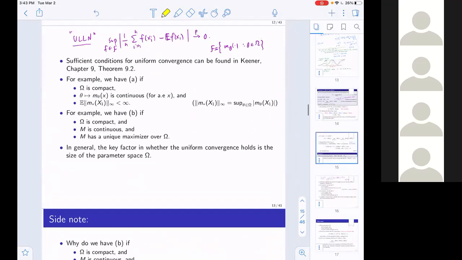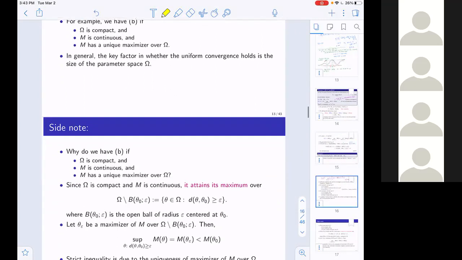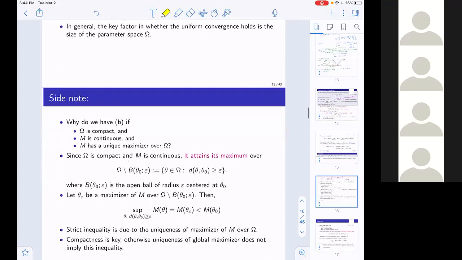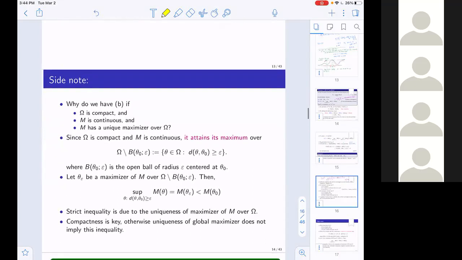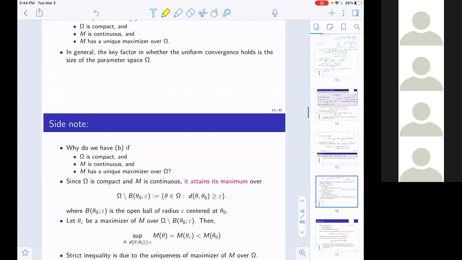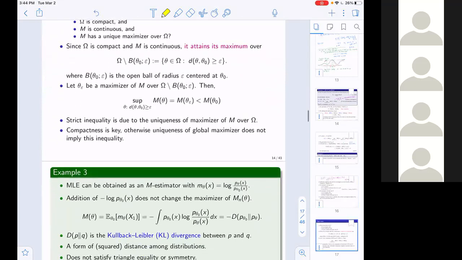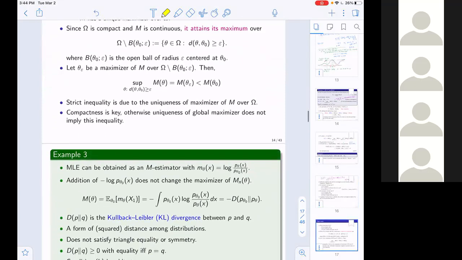Okay, questions? This is a little bit of an argument for why compactness is enough for condition B. If you're interested, you can go through it, or you can try to prove it yourself. Let's see if you have any questions. No questions? All good.